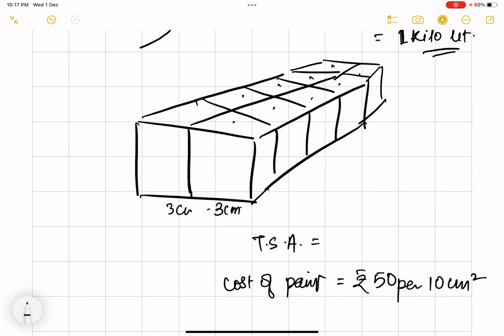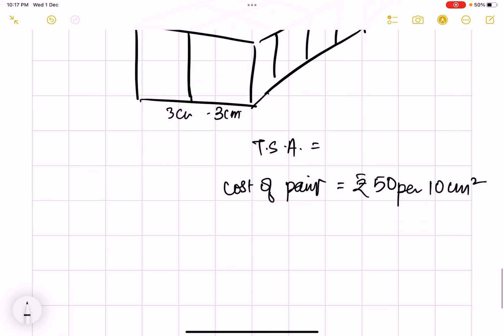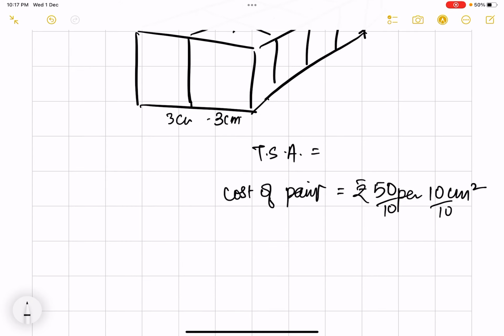This is the same information. So if you divide this by 10 here, you'll have to divide this also by 10 so that the equivalent ratio can be maintained. Hope this is making sense to you. So either you write rupees 50 per 10 centimeter square, or you write rupees 5 per 1 centimeter square. It is the same thing.